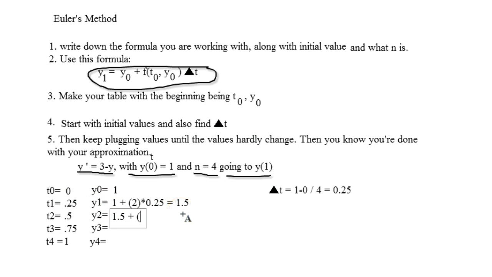So this is going to be 3 minus 1.5, which is going to be 1.5, and then I'm going to times that by 0.25. Okay, and let me check my calculator real fast, 1.5 times 0.25. And that's going to be 0.375, so this is going to be 1.875 right there.